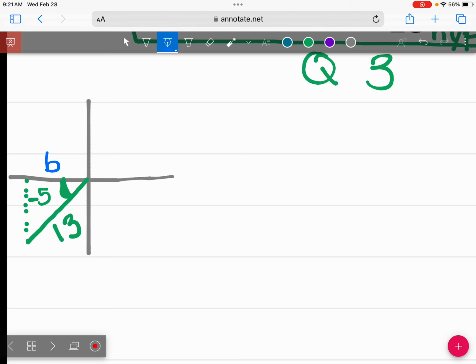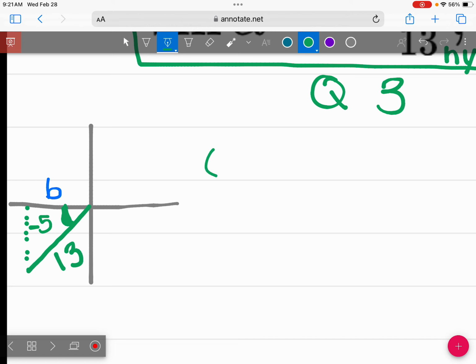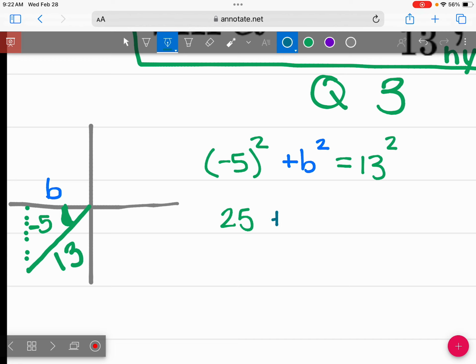Pythagorean theorem. I know negative 5 squared plus B squared has to equal 13 squared. So I know 25 plus B squared equals 169.